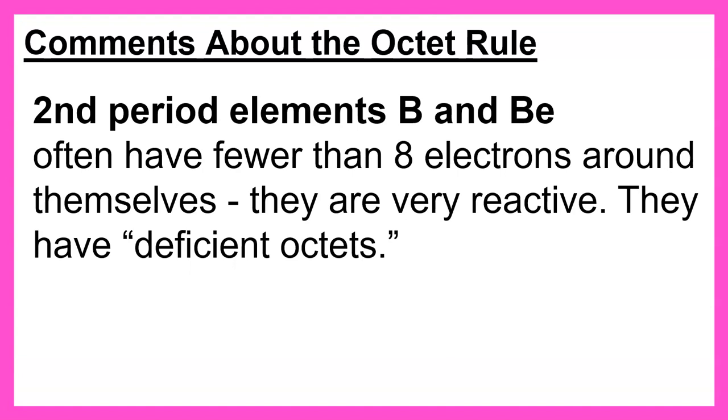Remember, boron and beryllium are pretty small elements. They do not want to make lots of bonds. They don't really want 8 electrons. They're very satisfied with fewer. They make what we call deficient octets. Beryllium is happy with 4, boron happy with 6.